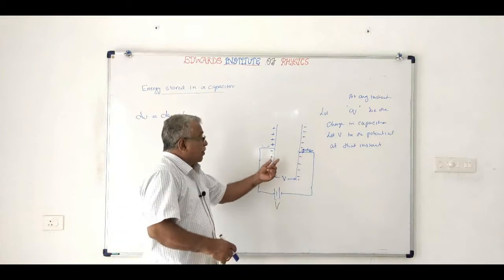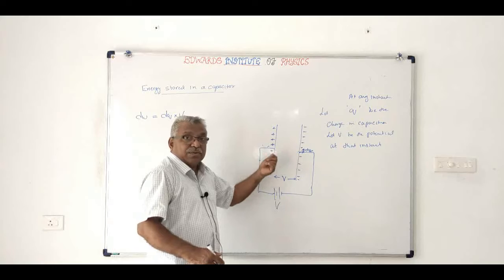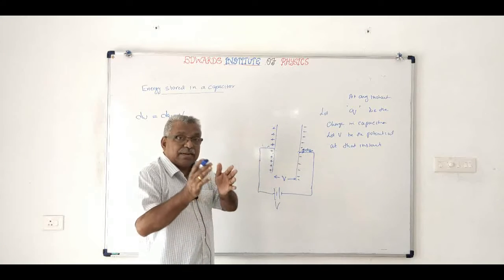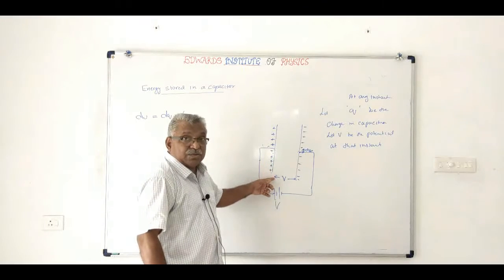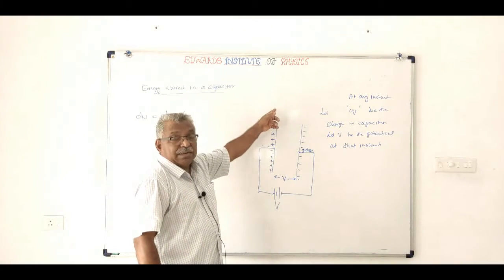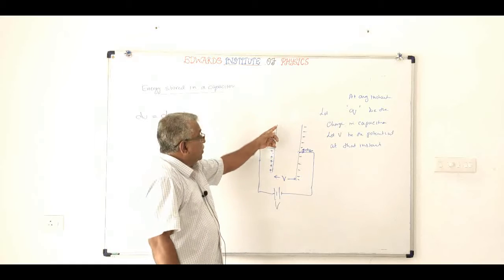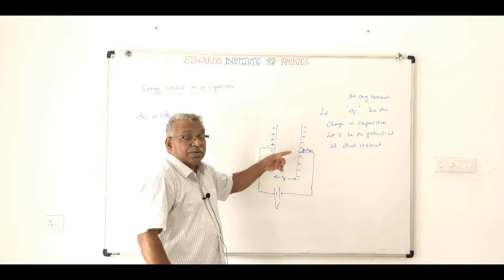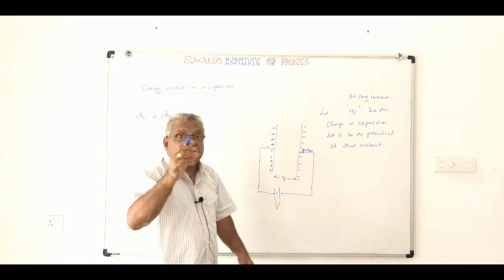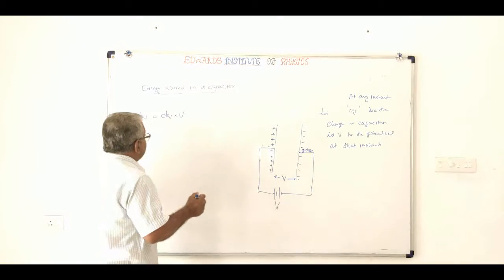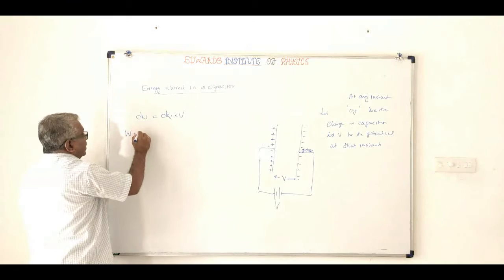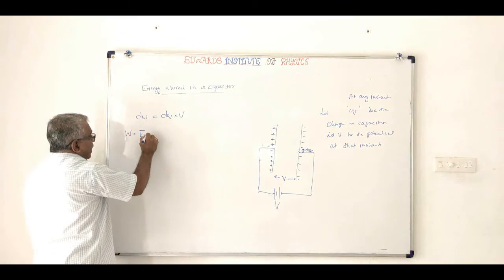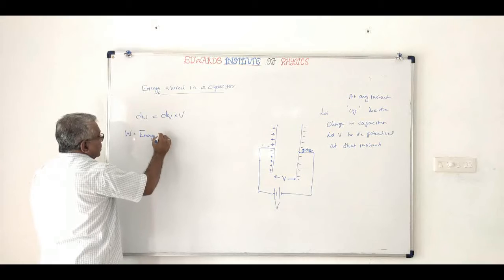What you have to do is consider all the dw's, calculate all the dw's from zero charge to maximum charge, let it be Q, capital Q, and get them added. That is called integration. So the total work done will be equal to energy stored.